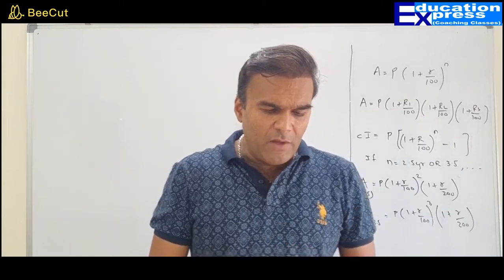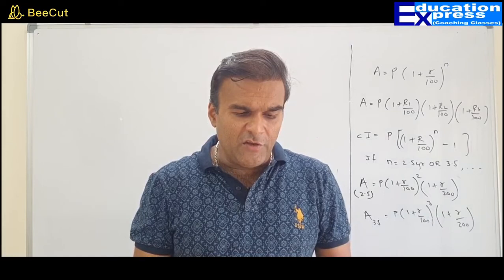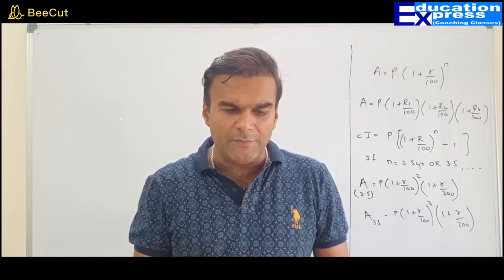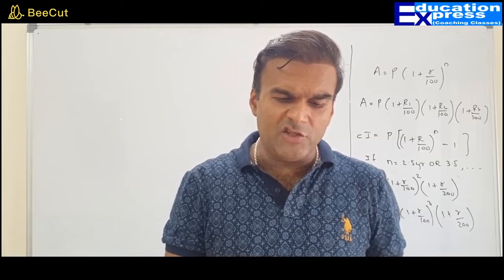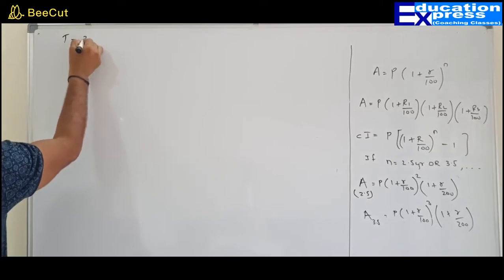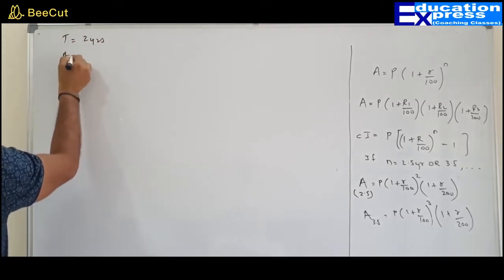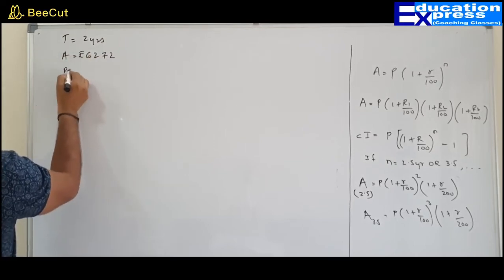Question number 12. A person invests 5,000 for 3 years at a certain rate of interest compounded annually. At the end of 2 years, the sum amounts to 6272. How much was the principal?